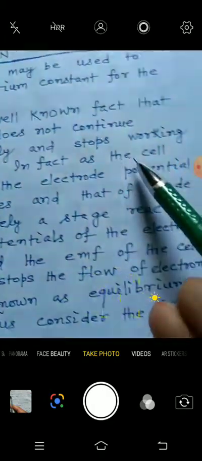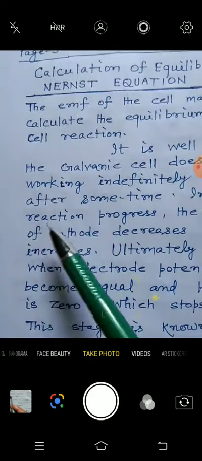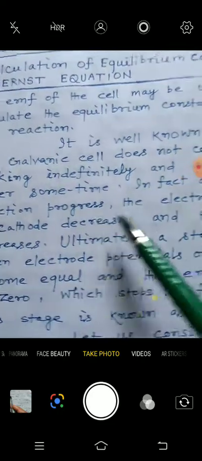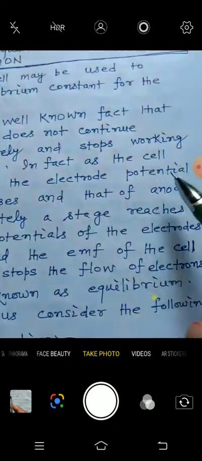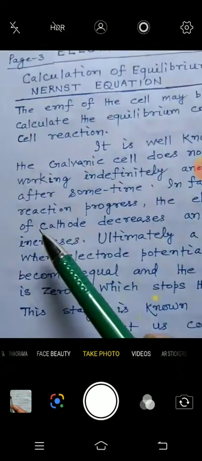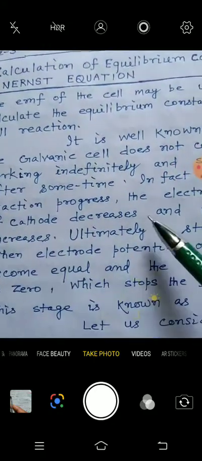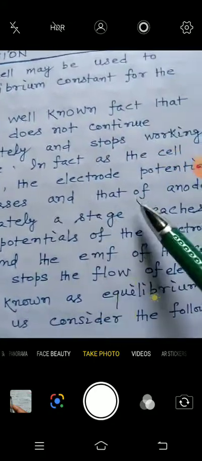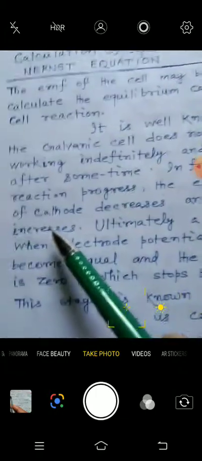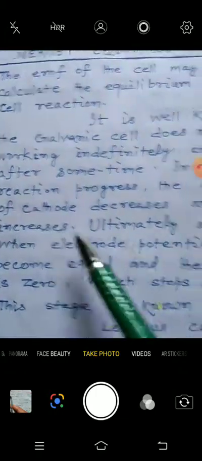In fact, as the cell reaction progresses, the electrode potential of the cathode decreases and that of the anode increases.